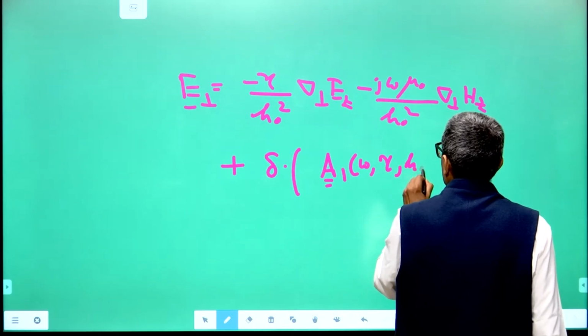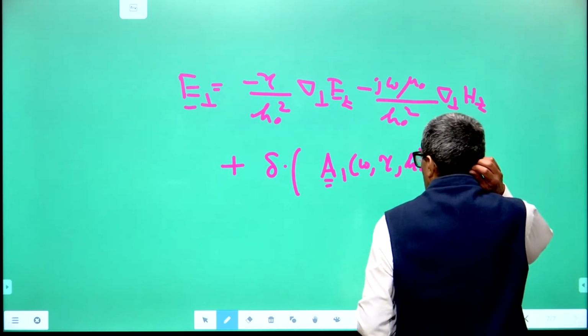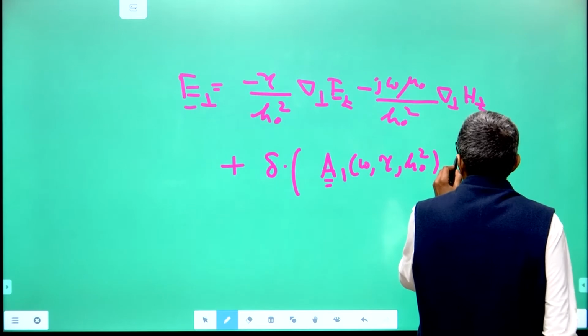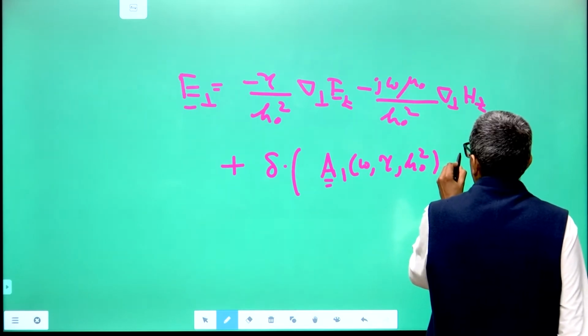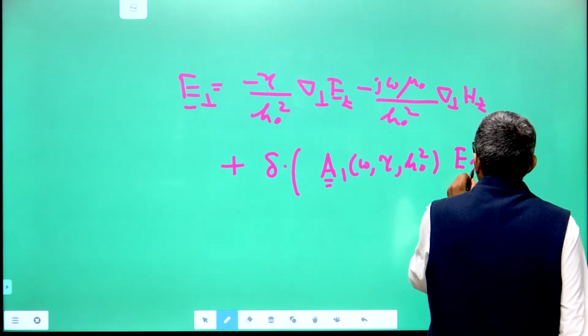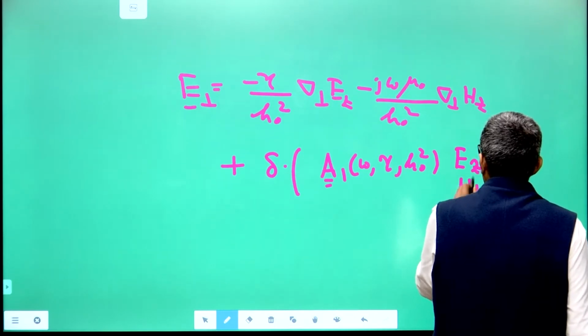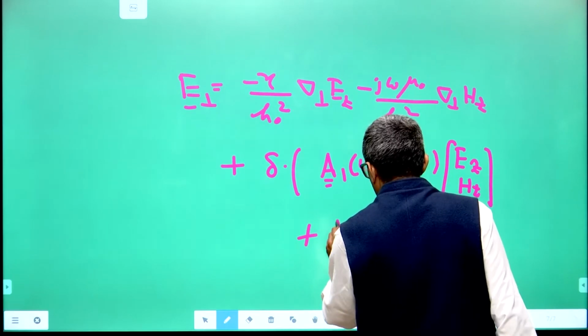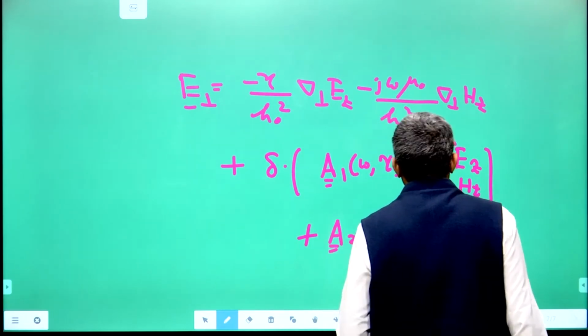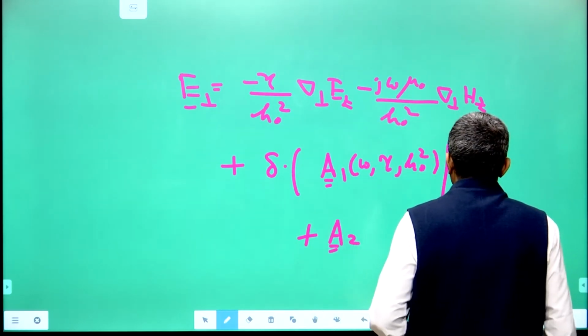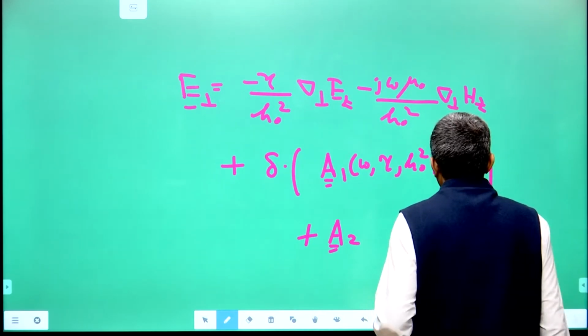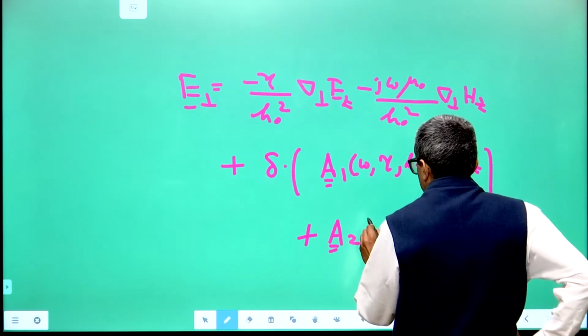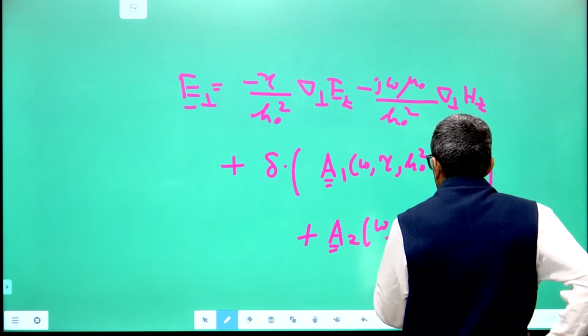This times Ez, Hz, this is a 2 cross 2 matrix, plus A2, a linear term in Ez, Hz appearing without derivatives, depending on omega, gamma, h naught square.